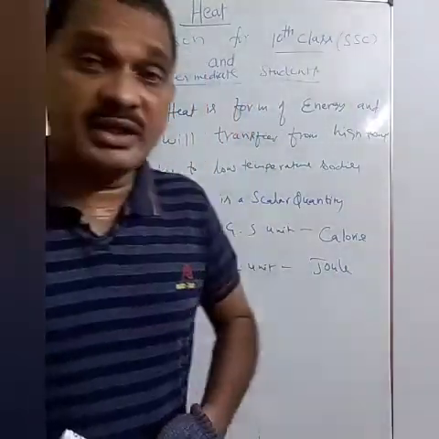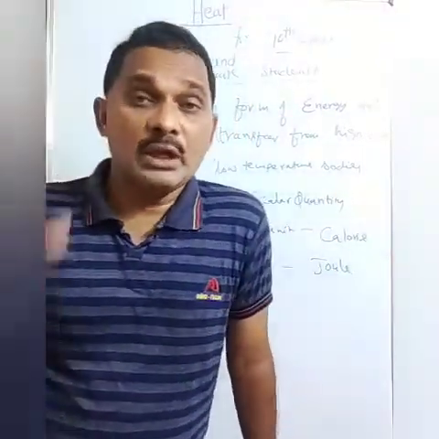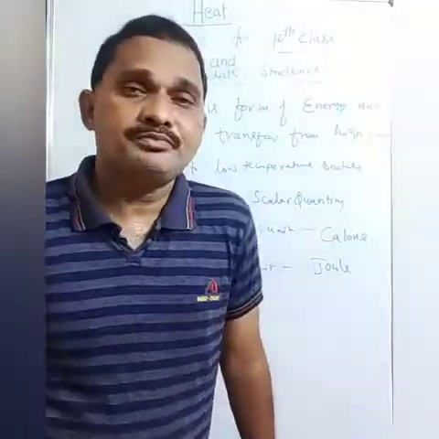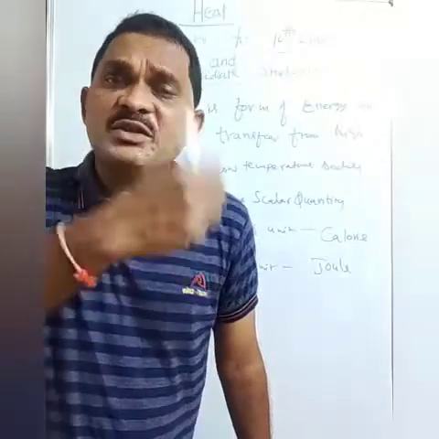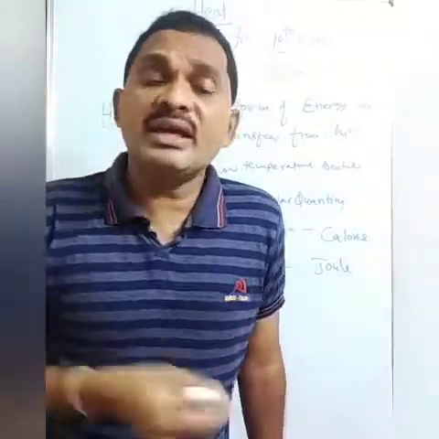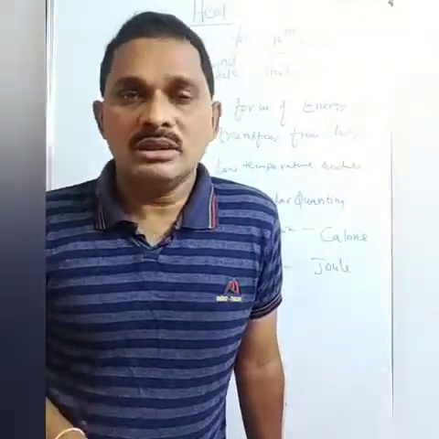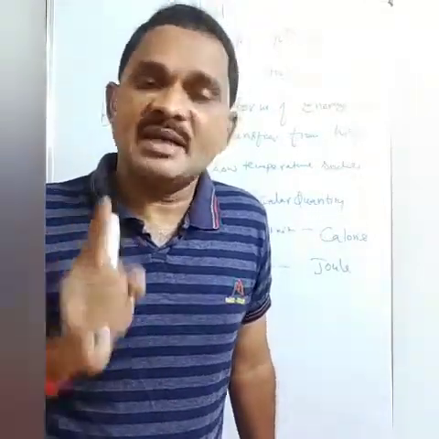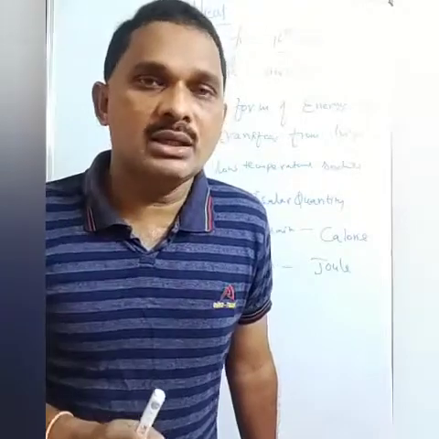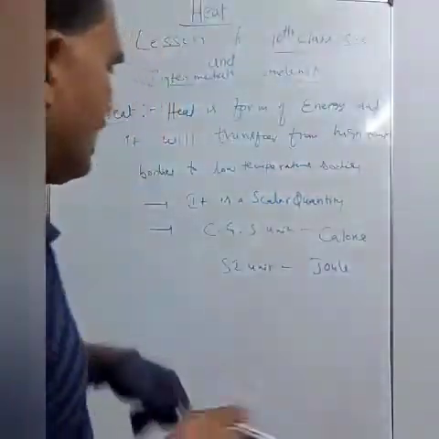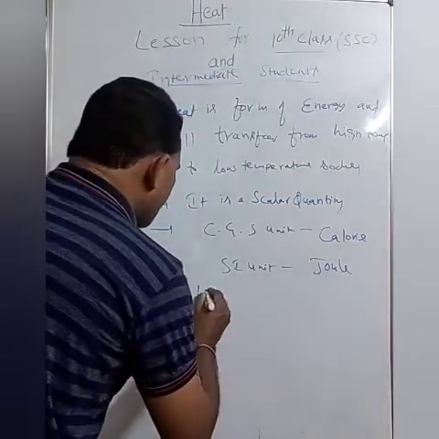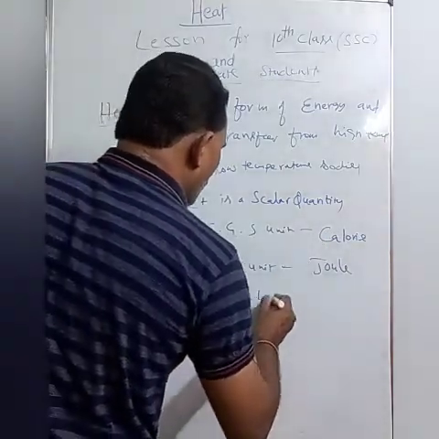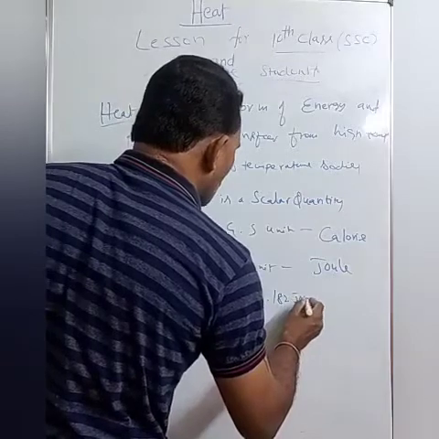So what is the CGS unit of heat? Calorie. And what is the SI unit of heat? Joule. Is there any relation between calorie and joule? Yes, there is an important relation, important from the examination point of view, for 1 mark questions. 1 calorie is equal to 4.182 joules.